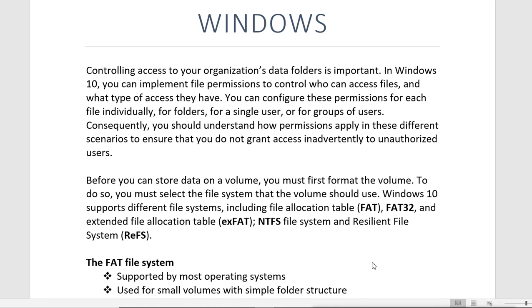It is basically for storing data, and it lacks some features which are available in NTFS. It is a new file system which Windows introduced, and it is available on servers, and we can use this to format our volume. So we have FAT, FAT32, exFAT, NTFS, and also the resilient file system, that is ReFS.